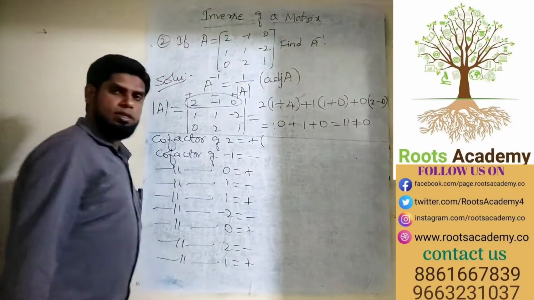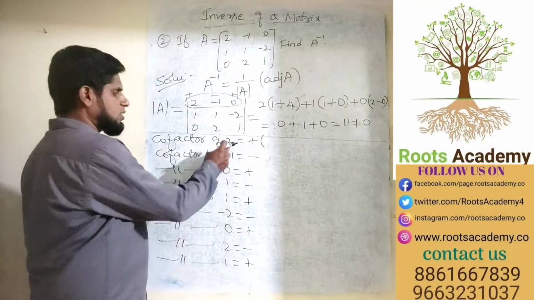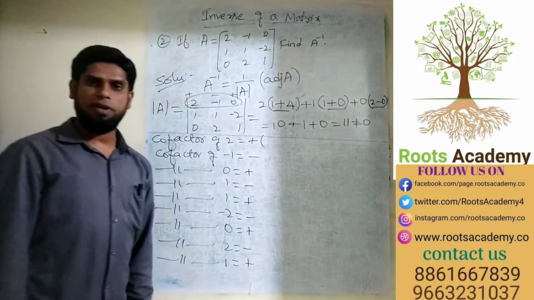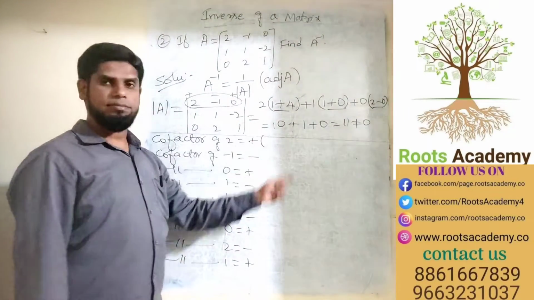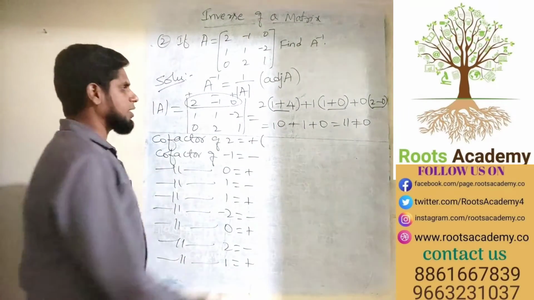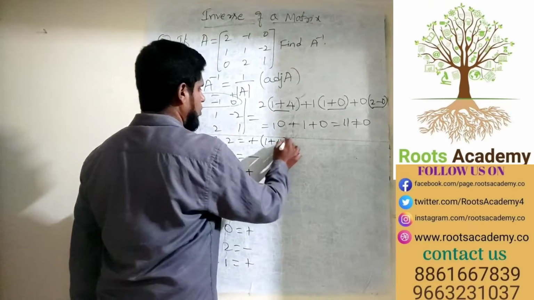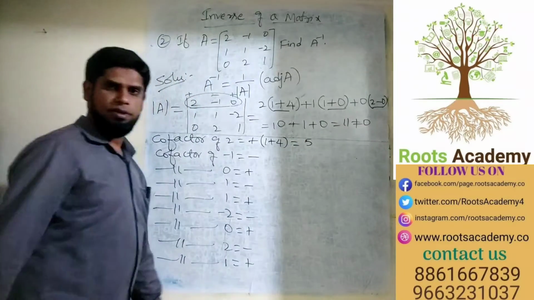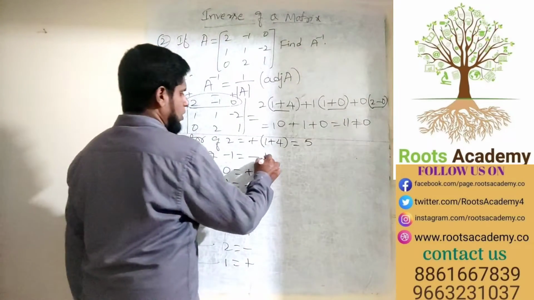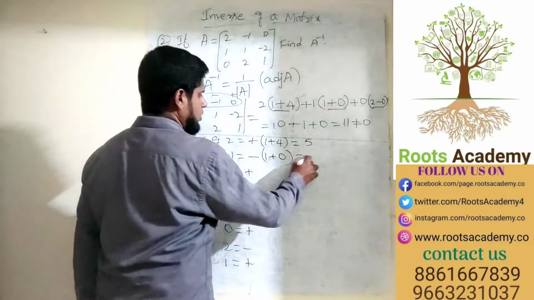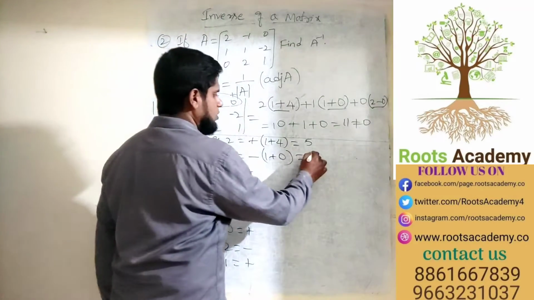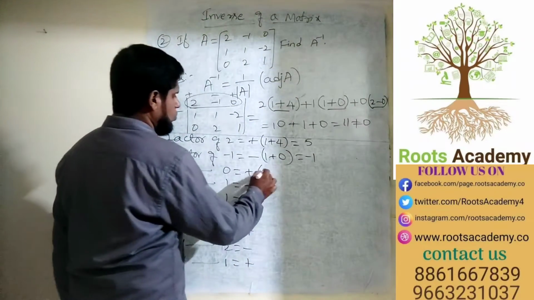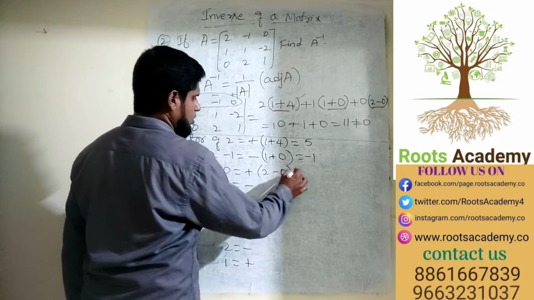In this case, the first 3 elements' expansions are these only. Inside the bracket, whatever I wrote, same thing will come here. So without wasting time, I will write directly 1 plus 4, that is equal to 5 into plus, it is plus 5. Next 1 plus 0 is 1 into minus 1. Next is 2 minus 0, it's plus 2.